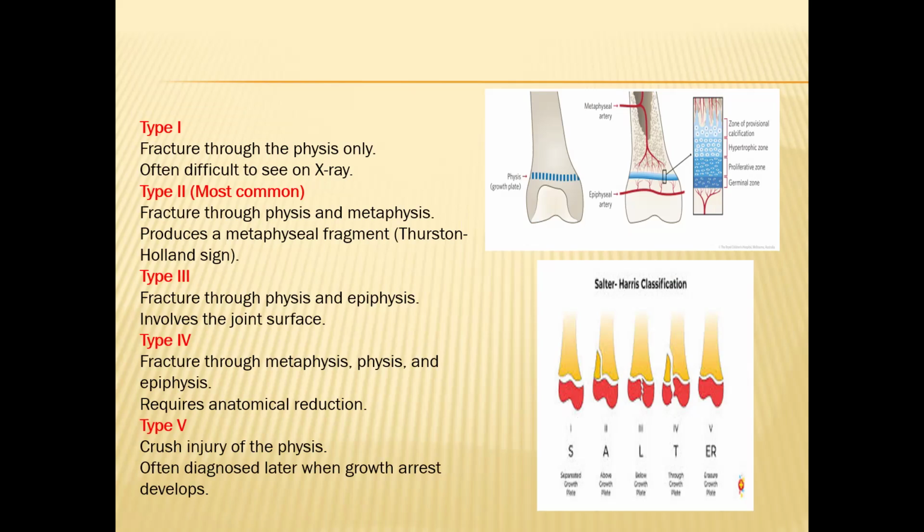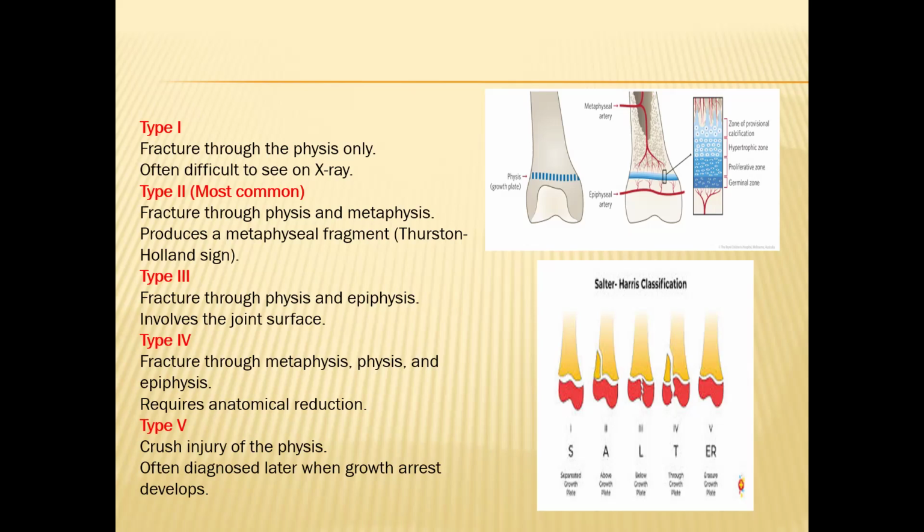The second type, which is the most common type of the Salter-Harris classification, is one in which the fracture passes transversely through the physis and goes upward to the metaphysis, making a triangular fragment. This is the most common type of Salter-Harris fracture in the distal tibia.